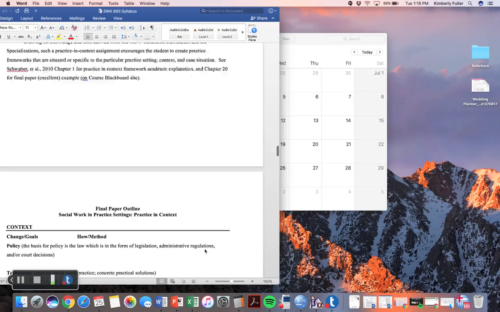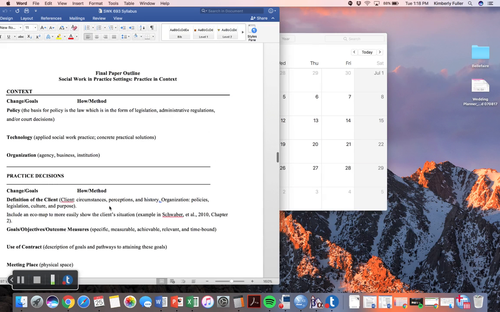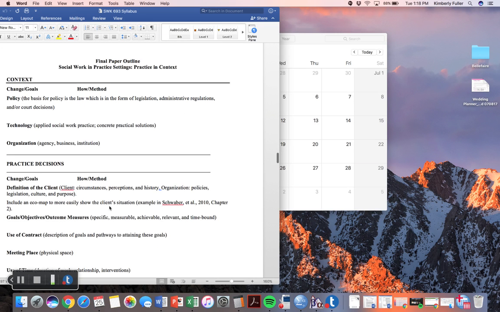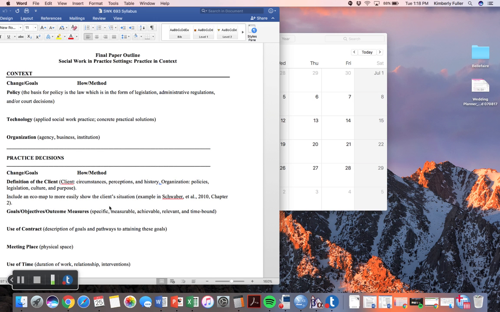So if I scroll down to the next page where you can see the outline, you don't have to complete all of these different pieces. You're just really looking at a specific context or a specific practice decision that you would like to change to better serve a client population.